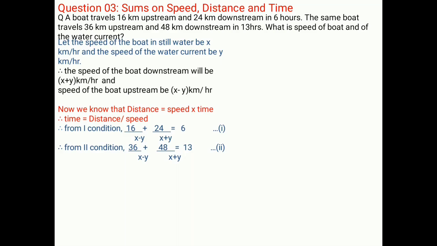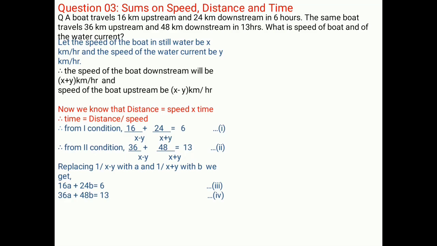Therefore, I will be replacing my 1 upon variables with another variable. Replacing 1 upon x minus y with a and 1 upon x plus y with b, we get 16a plus 24b is equal to 6. This is my equation number 3. And 36a plus 48b is equal to 13. This is my equation number 4.